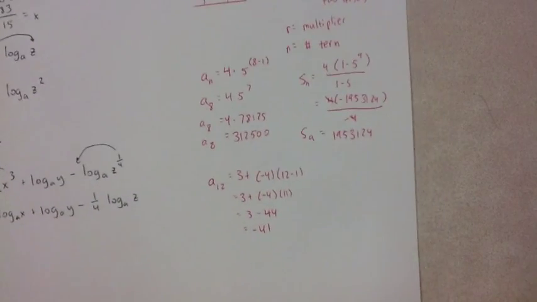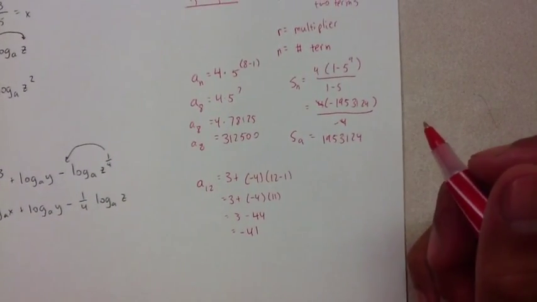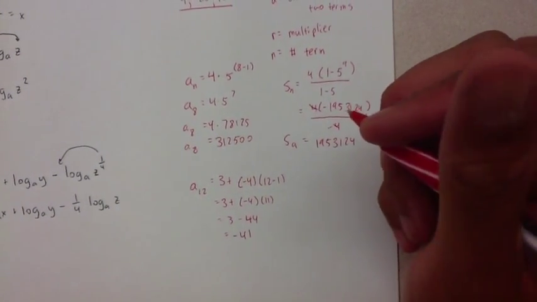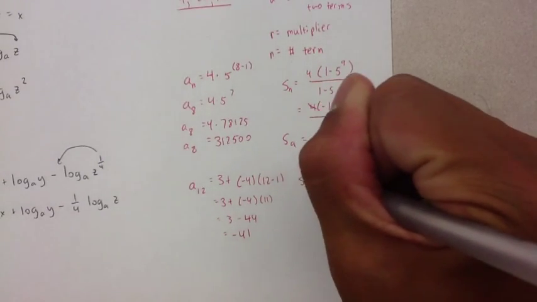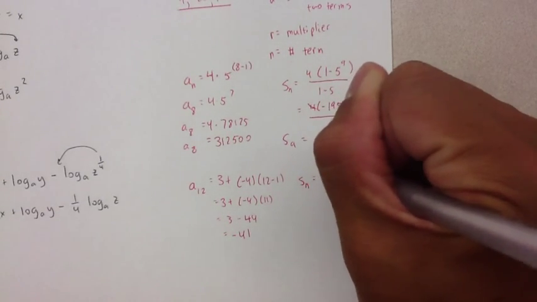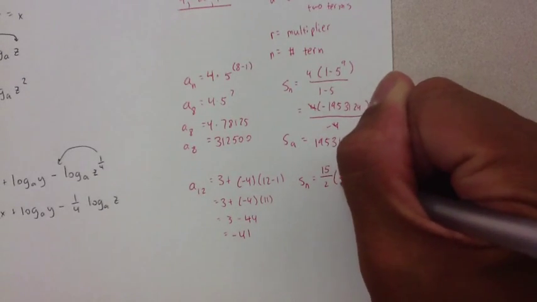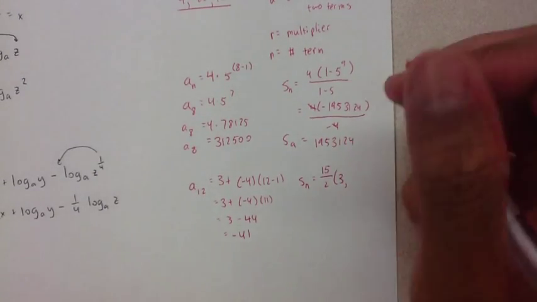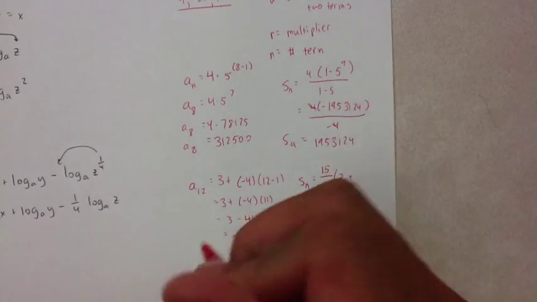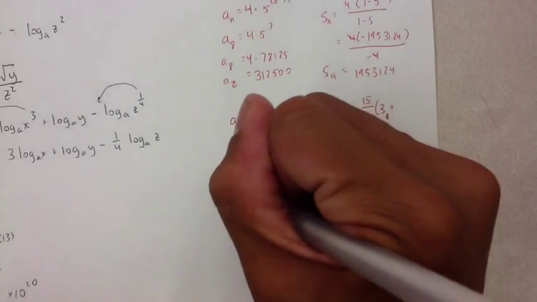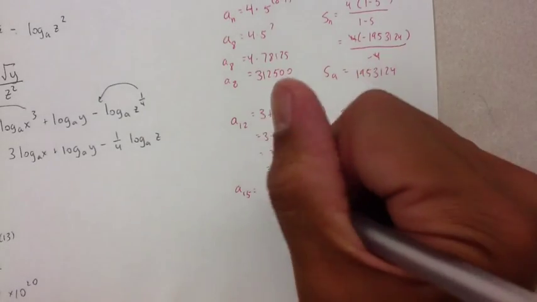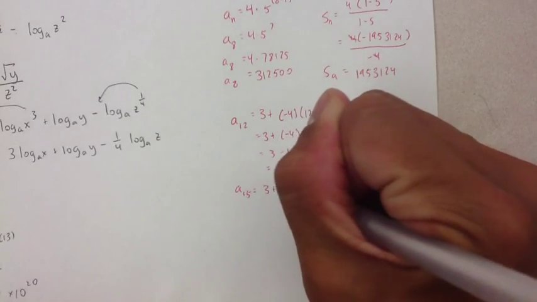That's the 12th term of my series, and to find the sum of the first 15 terms of my series, that's s sub n equals, so number of terms is 15 over 2, first term is 3, my last term, I don't really know what it is yet, so I have to figure that out. So I'm going to go over here and say, what is my 15th term? Well, same way that I did it on top.